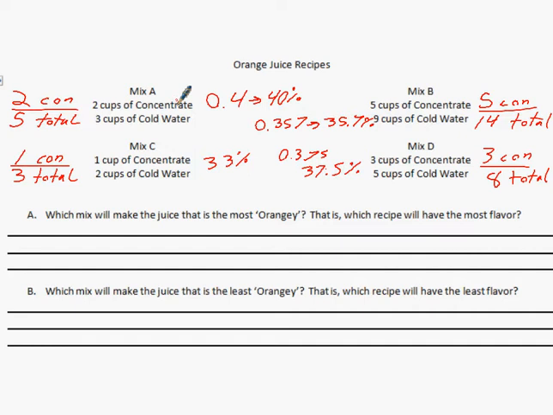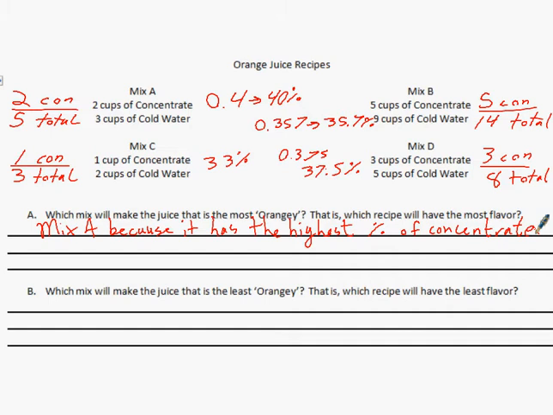So, mix A, because it has the highest percent of concentrate. Question B, which mix will make the juice that is the least orangey? That is, which recipe will have the least flavor?